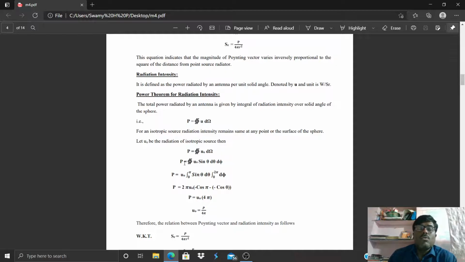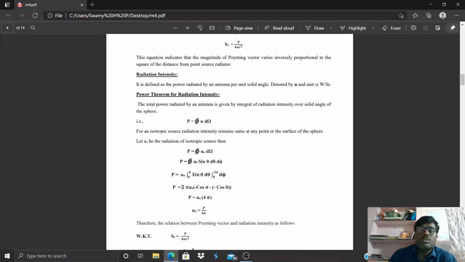Now you substitute U naught, and d omega is equal to sin theta d theta d phi. So P is equal to, I can take U naught outside the integral, integral 0 to pi sin theta d theta, integral 0 to 2 pi d phi.